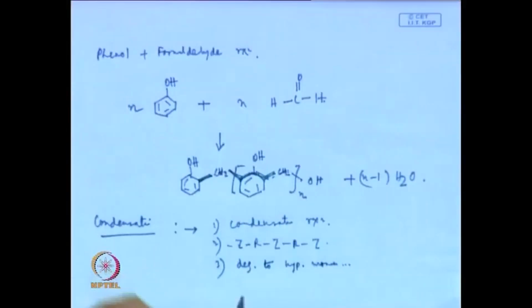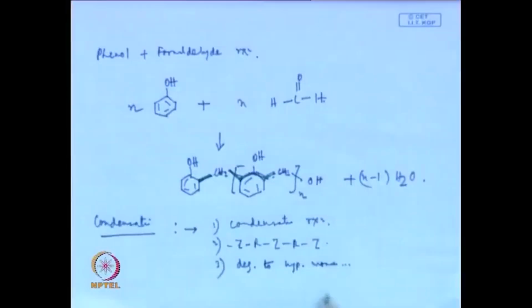And if any of the polymers does not fulfill any of these criteria, then we call them addition polymers. So, once again, at present you should classify a polymer as a condensation polymer if it fulfills any of the conditions.